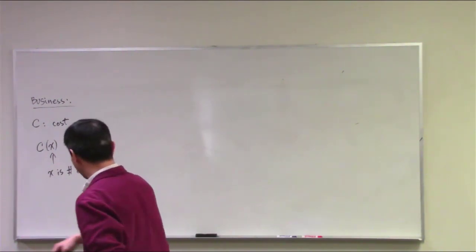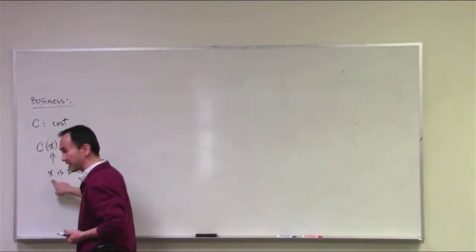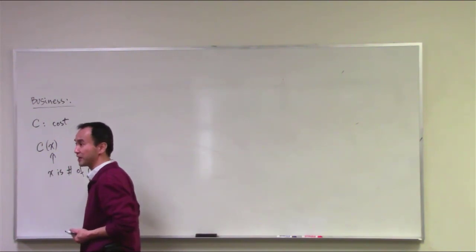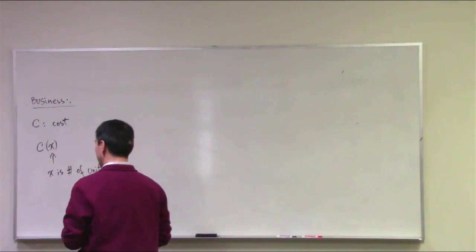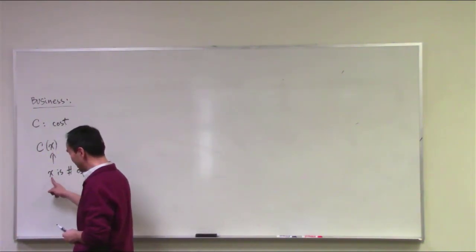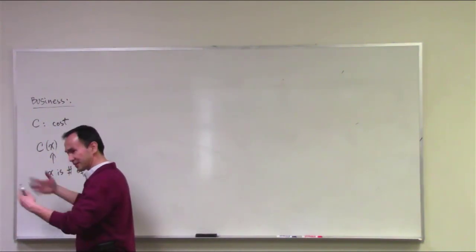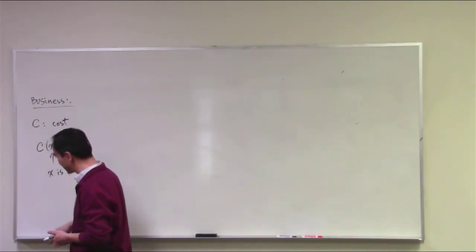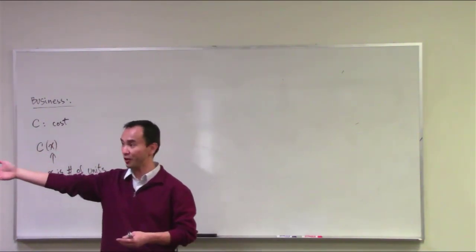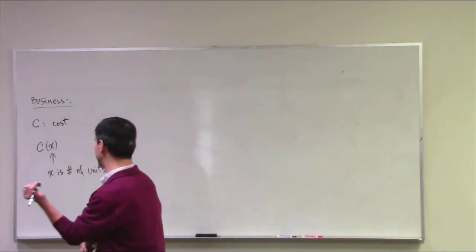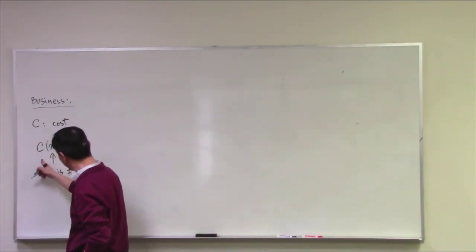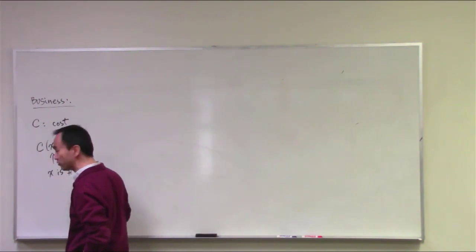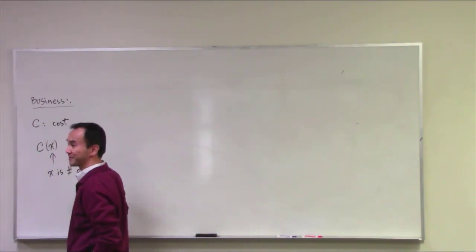So that's why cost is a function depending on the number of iPhones that you're planning to produce, to manufacture. After that, you're going to sell them, you make revenue, and then turn that into your profits. But at the deepest level, the cost here is a function depending on the number of units that you're manufacturing.